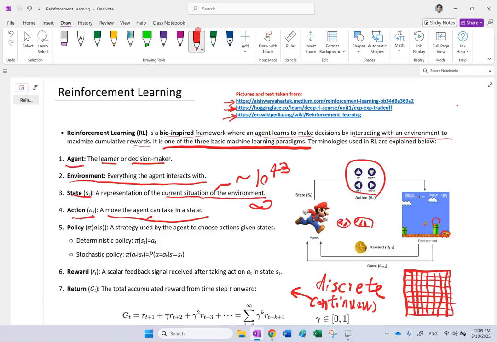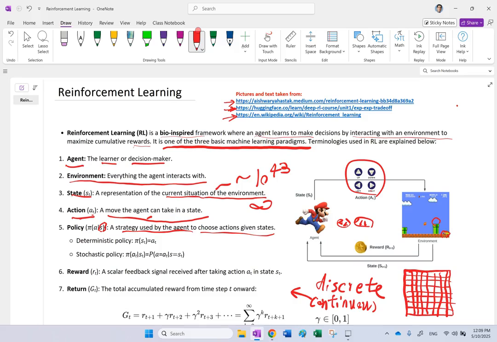What about policy? What is policy? Policy is basically a strategy for how to take actions, how to behave. That's the behavior: how you should behave and interact with the environment, what actions to take. And typically it is a function of state, based on where you are in the game or in real life, you will take an action.